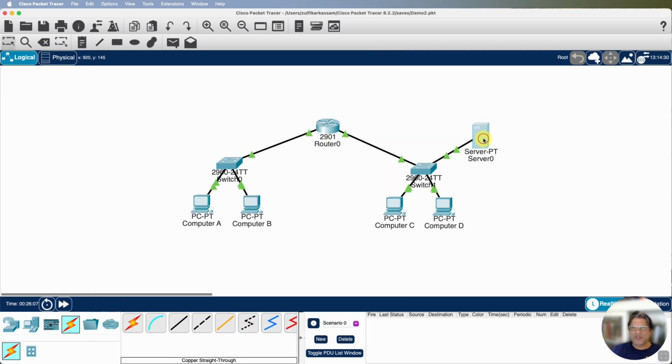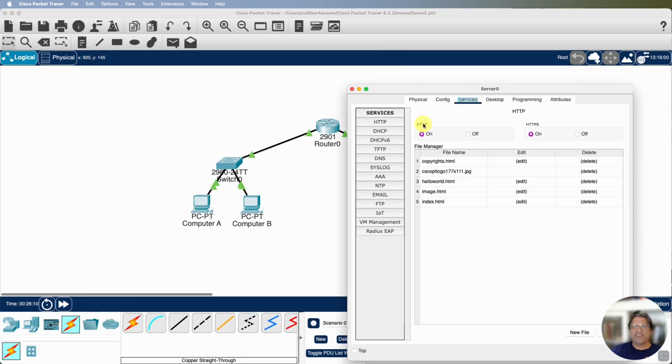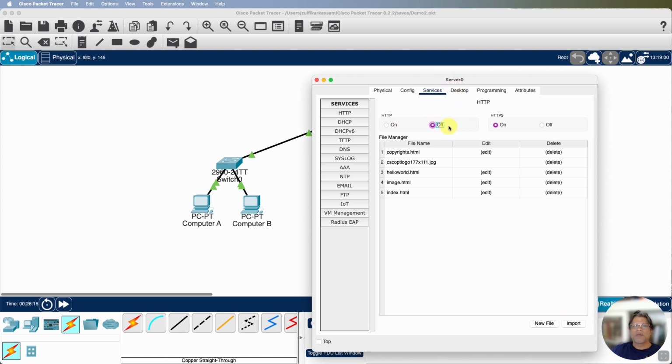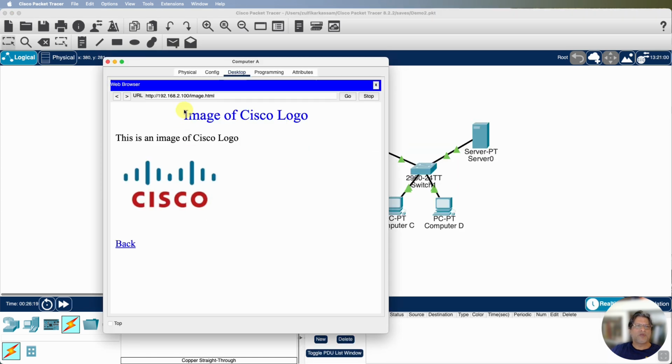Now we're going to go to the server and we'll shut down the HTTP because this is not very secure. I'm going to turn off this service in here. Now we're going to go to computer A back again. You can try this from different computers as well, no problems. Should all be working. So now we're going to try HTTP once again. Because this is static right now, let's change this so that we go to HTTPS, and it works.